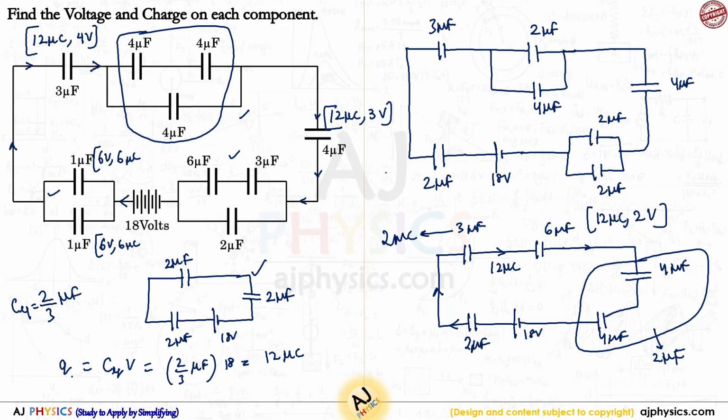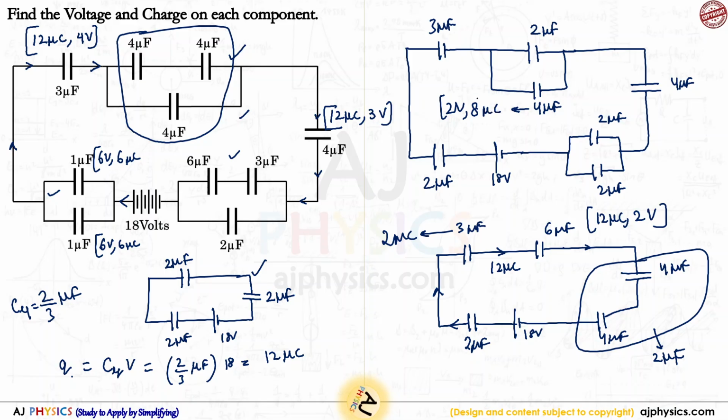It was a combination of these three capacitors, like 4 ohm, 4 ohm, sorry, 4 microfarad. Then we can get to this one quickly. The voltage on this will be 2 volts, and then if you want to find the charge, that would be 8 microcoulombs. Correct?